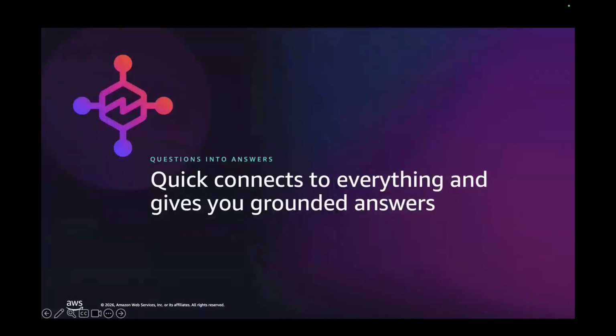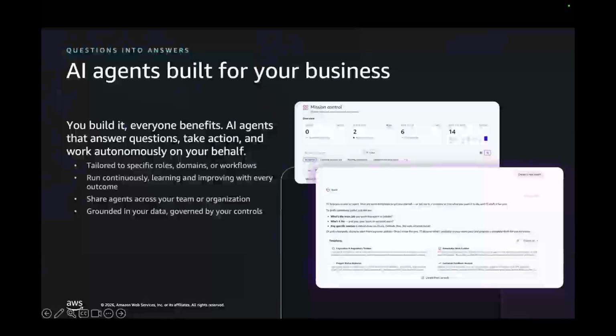Now, let's look at how Quick helps your team get answers from your data fast. Teams build agents that could be trained on their specific data and workflows. And one person builds it, but the whole team benefits once that's shared.